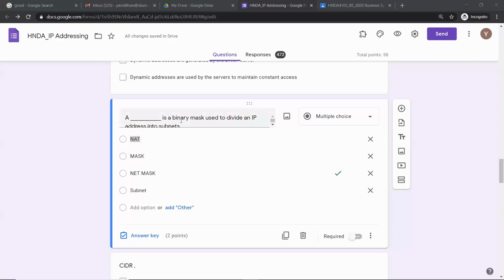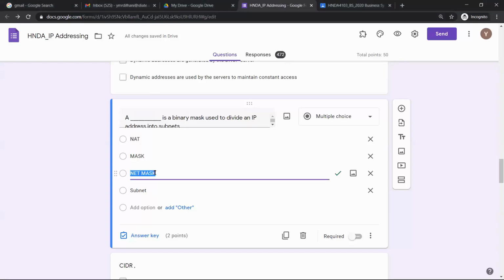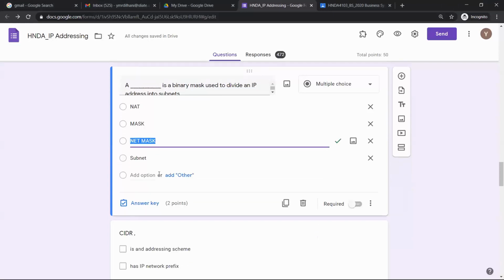Okay, so to divide that, you need to mention how you do it. The way you mention is you need something called a network mask, right? So you say how many bits are used to separate that network. So that is called a network mask. Remember that.